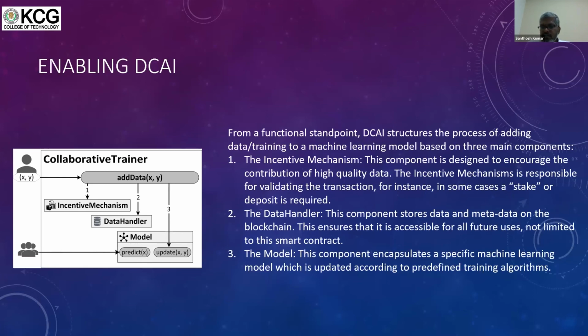Gas fee could be one of the mechanisms, or tokens could be one of the mechanisms with which you could reward the person who's sharing quality data, right? You can define what quality means, and based on that quality, you can define what type of premium you want to pay for that particular data. So now you are incentivizing people to share quality data for the data scientists or for the AI ecosystem, right?